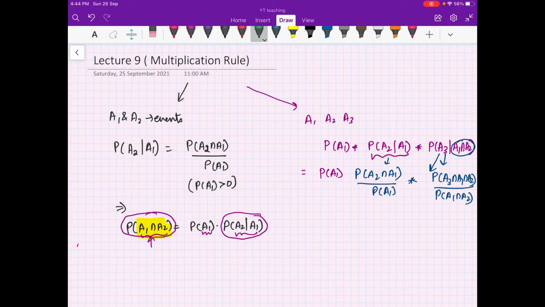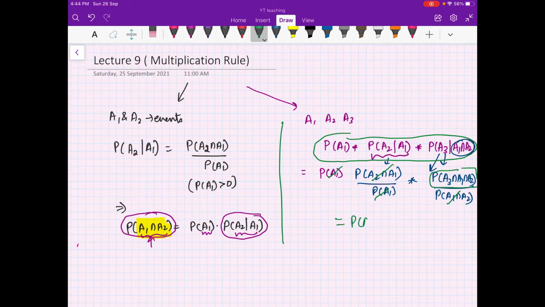Now you see, this cancels with this and this cancels with this, so the product of these three terms leaves us with the probability of A1 intersection A2 intersection A3.